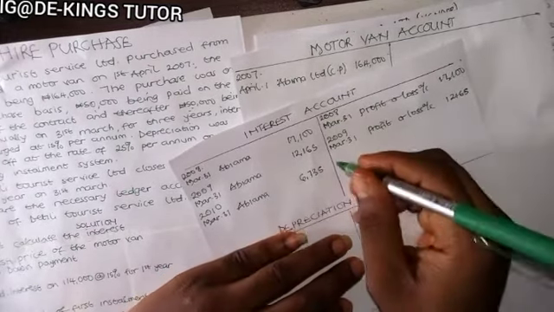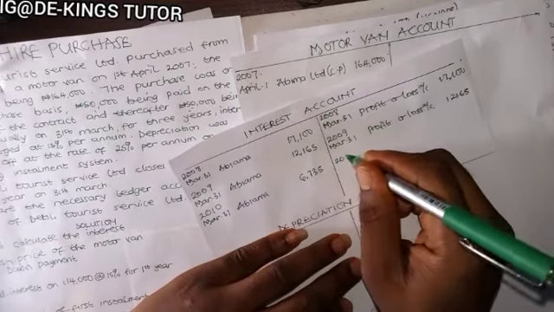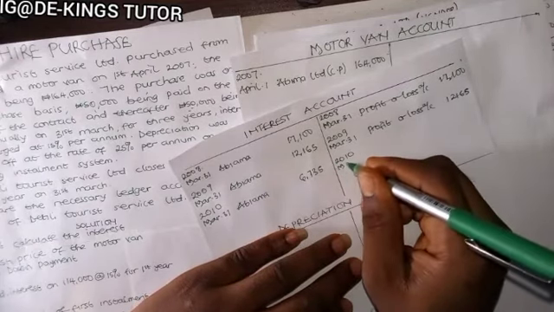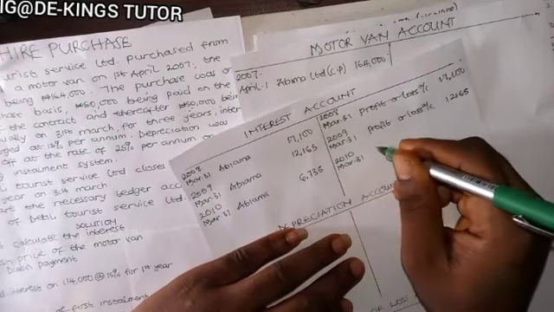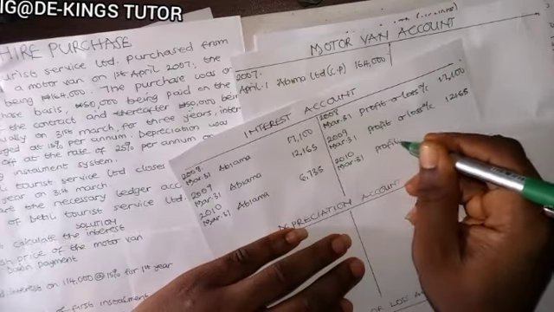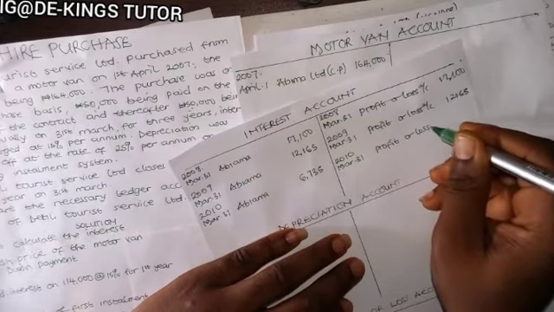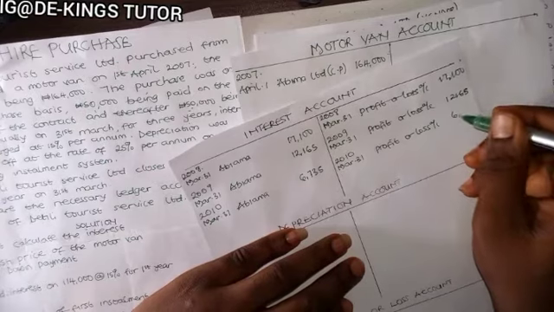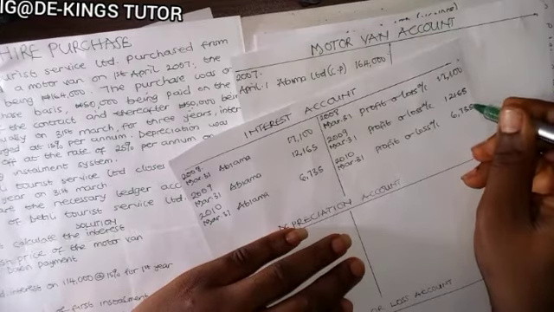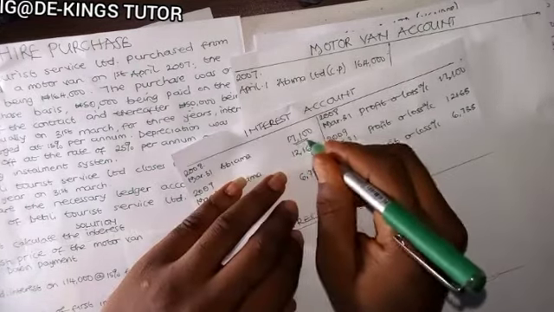The next one we have 2010, March 31st, we have profit or loss account 6,735. So closes.